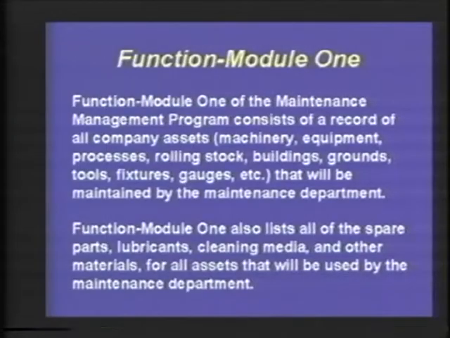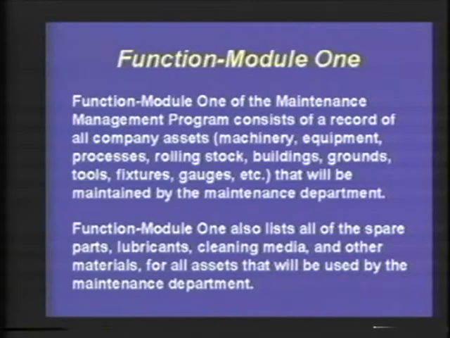The first paragraph illustrates the major byproduct of Module 1 is to identify all of your assets, equipment, whatever you call that, in the first module. And that would be by asset number, the location, and any other data relative to the asset.